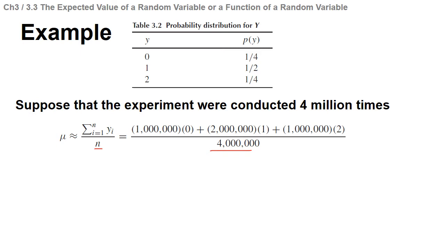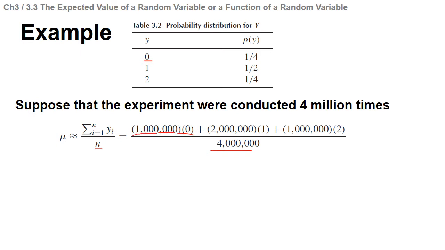the expected number of times observing 0 would be 1 million, since the probability of y = 0 is 1/4.